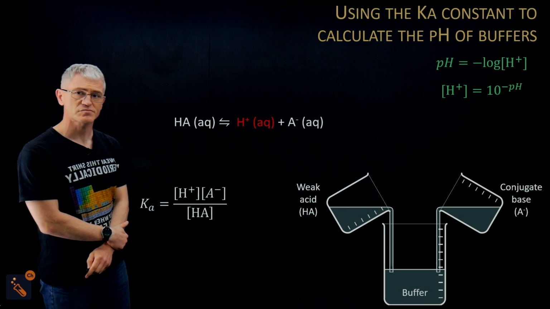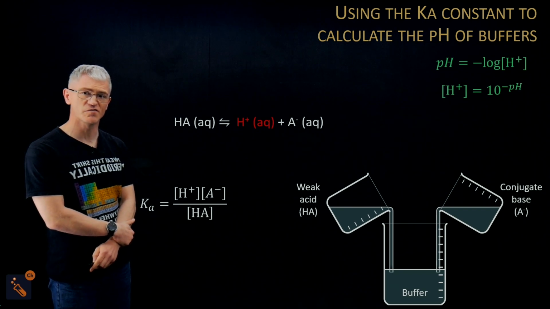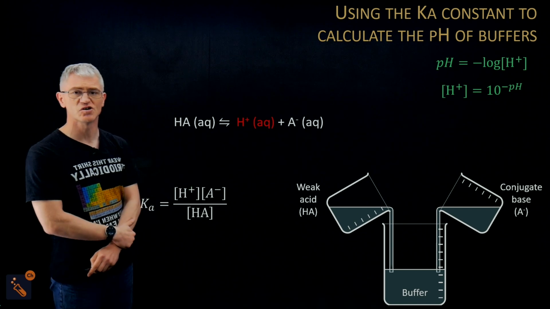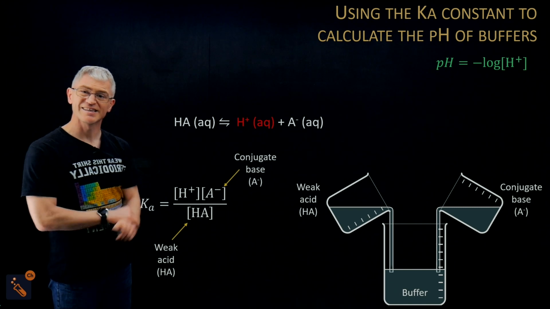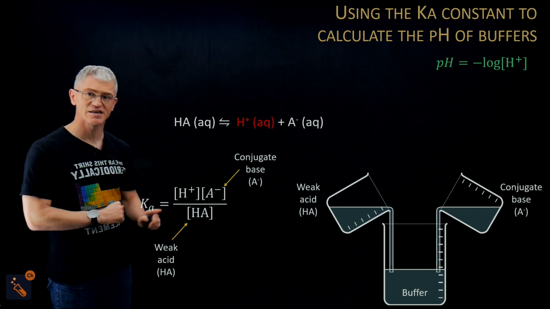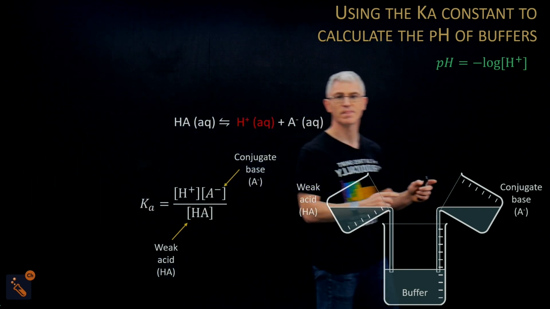Now, we'll look at our first one, using the Ka constant to calculate the pH of buffers. So the first one we're going to do is a weak acid and a conjugate base used to make a buffer. The A minus is the conjugate base and the HA is the weak acid. So remember there's two, and I'll go over here and just do this.